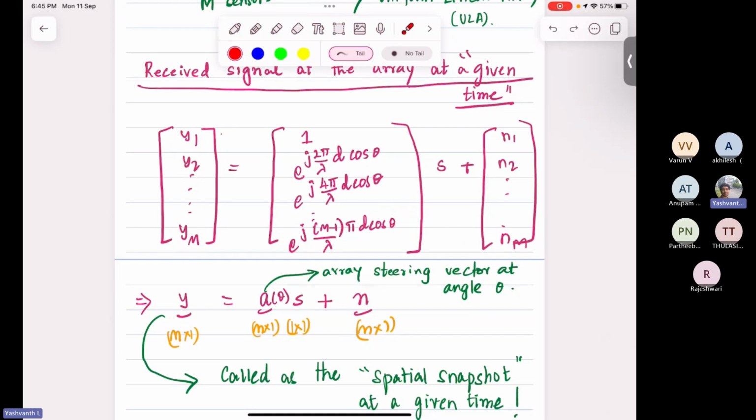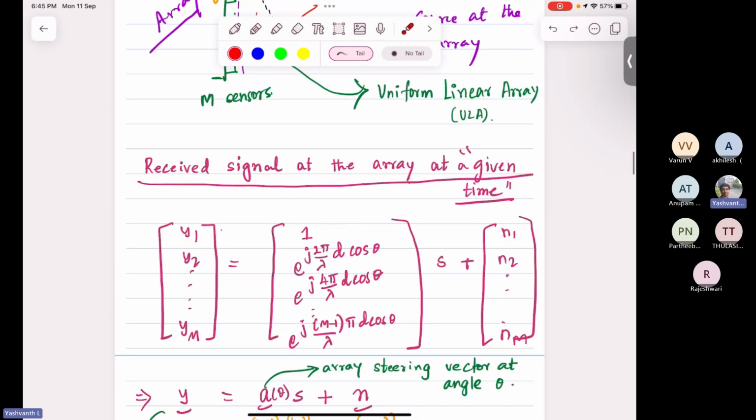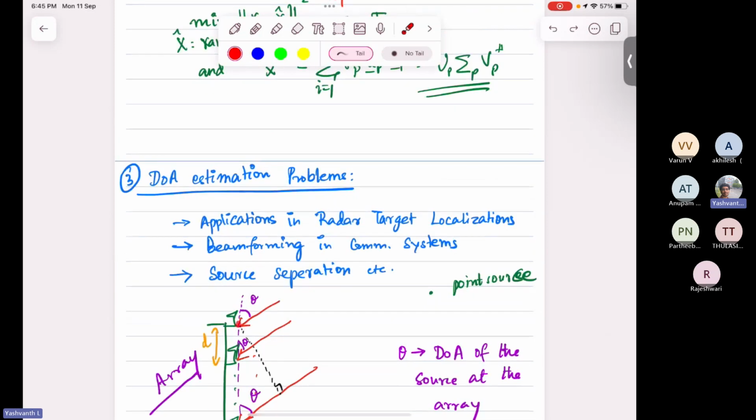From every sensor you're going to have data given by this vector times s. s is the common message that the source emits. Each entry of the vector represents the phase difference that every element will undergo. For example, the first will not undergo any phase difference because it is a reference. You don't have any extra. This is called the reference sensor, and this dotted line is called the reference axis.